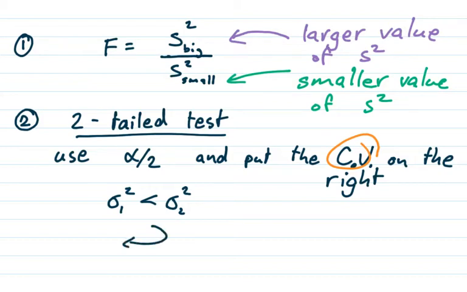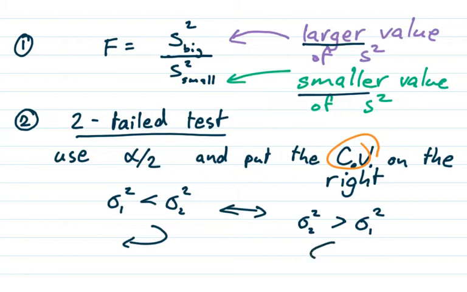Since we're going to be placing the larger variance in the numerator and the smaller variance in the denominator anyway, it's fine to just switch these around and say sigma 2 squared is greater than sigma 1 squared. That way we turn it into a right-tailed test.